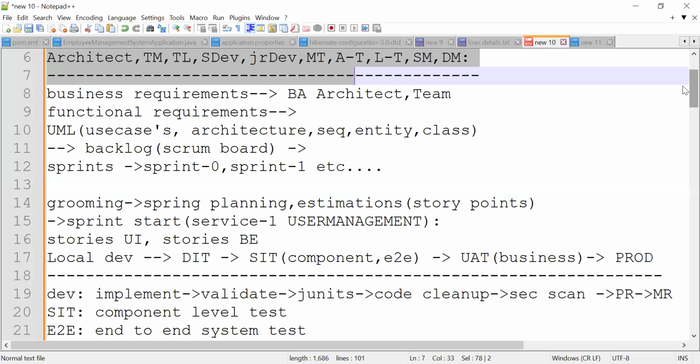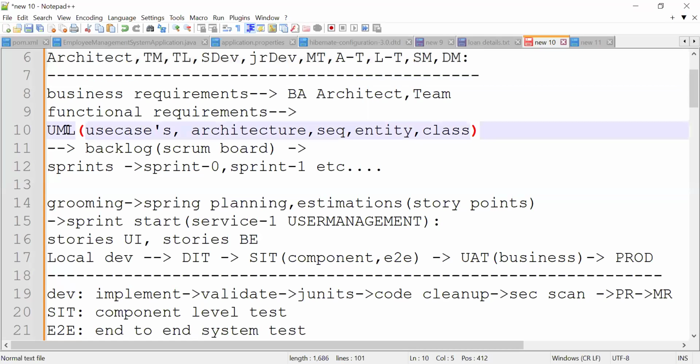Everyone can understand with drawings, so UML will help a lot. Nowadays we are also using mock screens to provide the UI/UX experience. We provide some mock screens: this is how the UI should be.